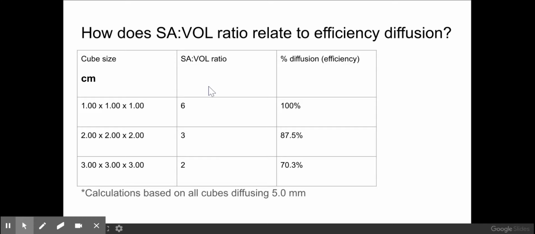But what do you notice? As the surface area to volume ratio decreases, the diffusion rate, or the diffusion efficiency, also decreases. So as the cell gets larger, the ratio gets smaller, but the efficiency gets smaller as well.